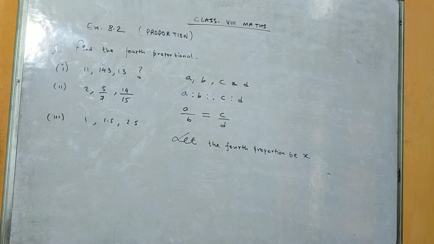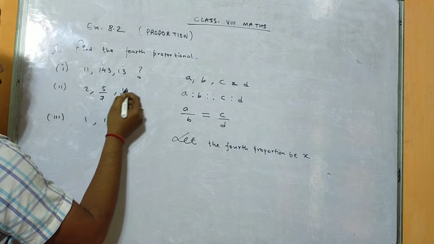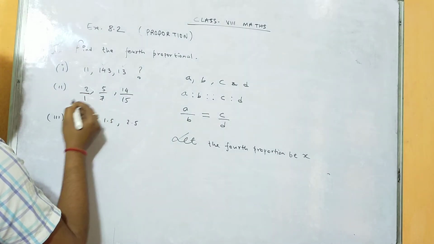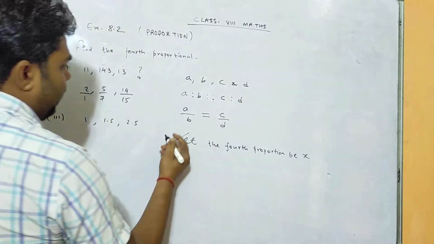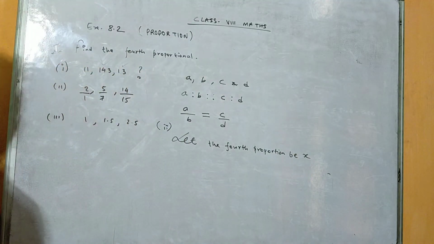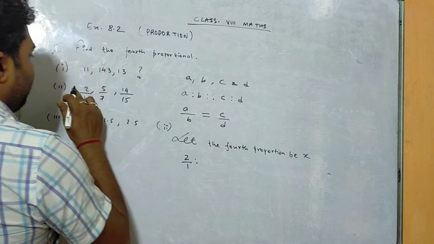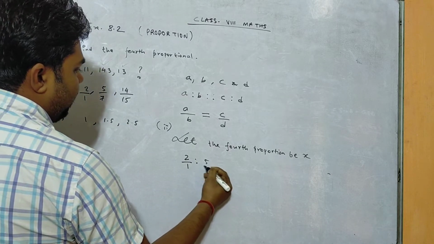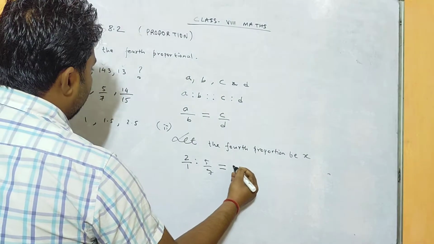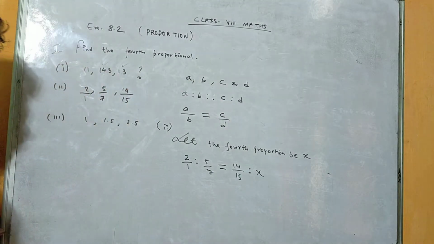For question number 2, now we have 2, 5 by 7, 14 by 15. 2 means 2 by 1. So here again for question number 2, we write, let the fourth proportion be x. So this has to be written as, 2 means 2 by 1, 2 is to 5 by 7 equals 14 by 15 is to x, right?